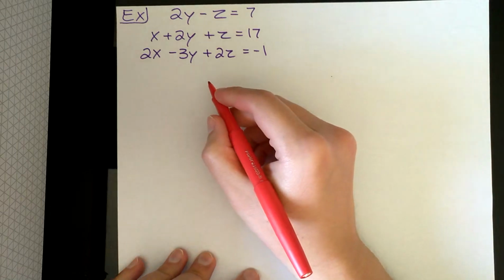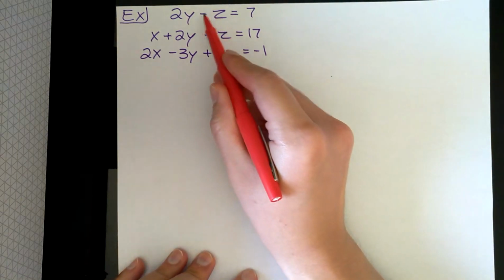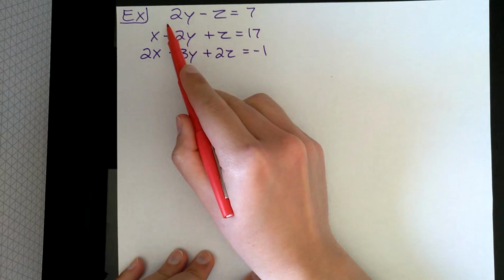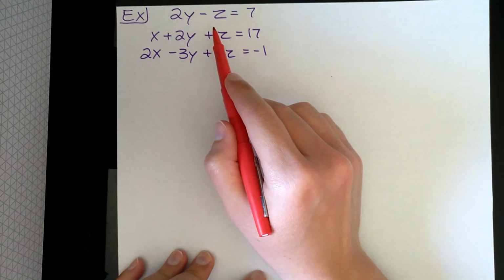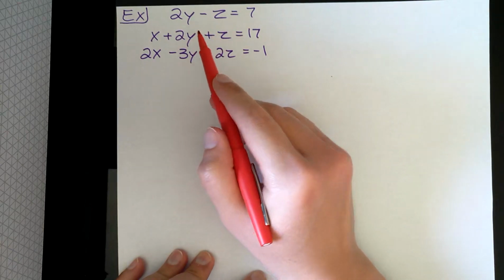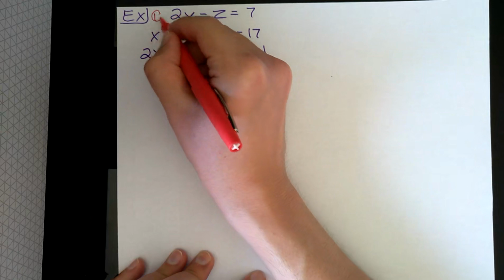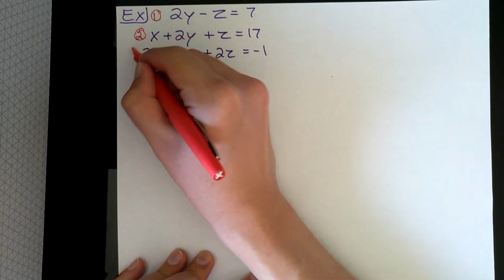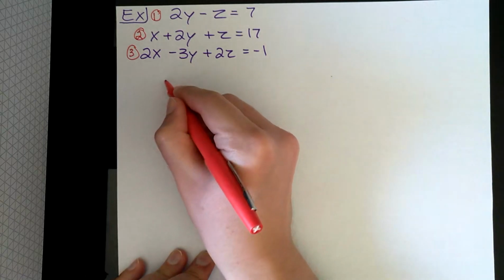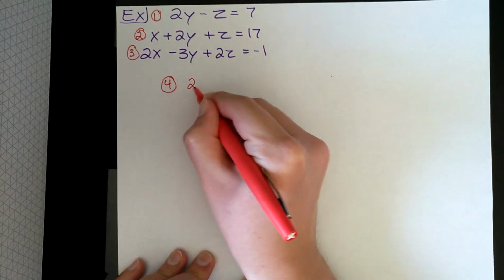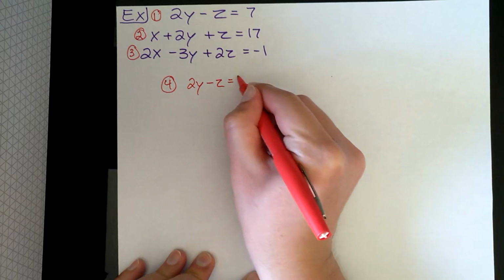All right, so trying this together, the nice thing about this problem is equation 1 already has one variable eliminated. So we can already count that as equation 4. When we list these 1, 2, and 3, remember you always want to do this, we can immediately just say, let equation 4 be the 2y minus z equals 7.